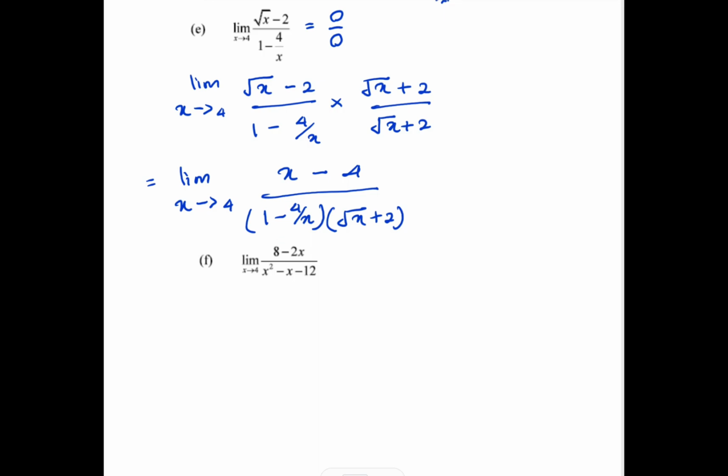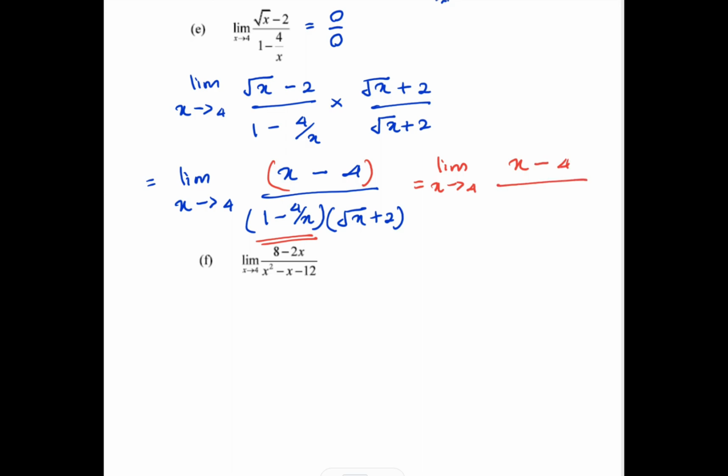So this one, you need to factorize this part, because we want to simplify with x minus 4. When you factorize that one, we can get limit as x approaches 4, x minus 4 on the upper side.